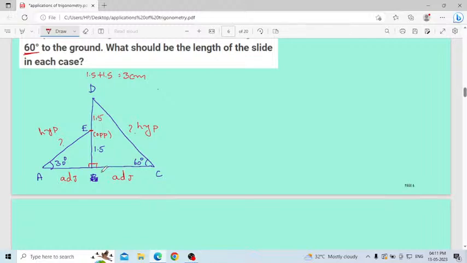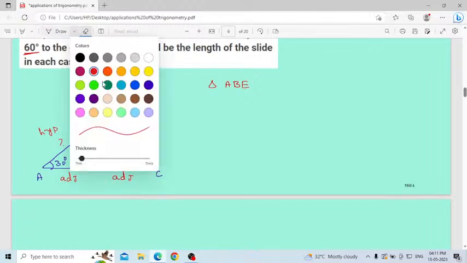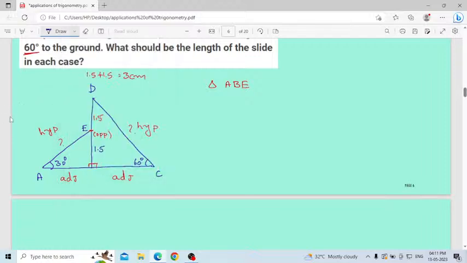Yes, first what you have to calculate? First you have to consider the triangle ABE. This one is the BE. This is B. ABE, smaller triangle. It is looking like a triangle, no? Smaller triangle I am considering, ABE.